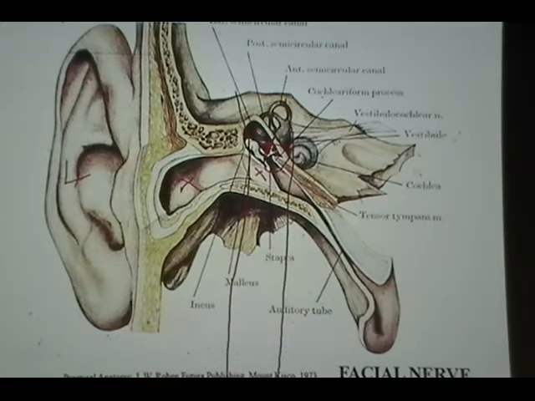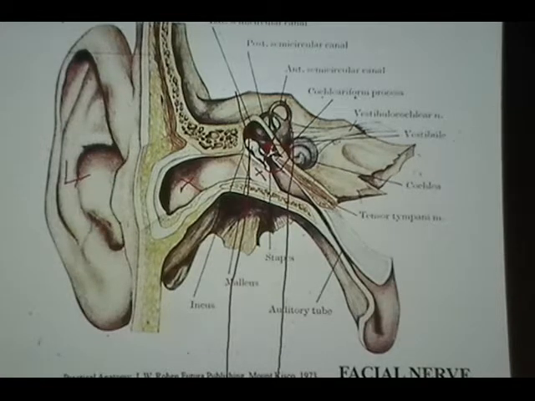And then the fact that we are going to transmit these sound waves through a fluid media in the inner ear is also going to increase the amplitude of sound waves, probably at least another 20 times. So just with this device, we're going to increase sound waves. Okay, so we'll talk about that more when we talk about the ear itself.